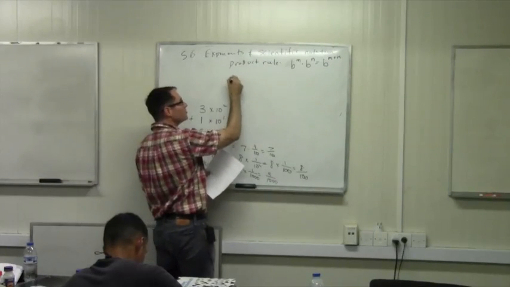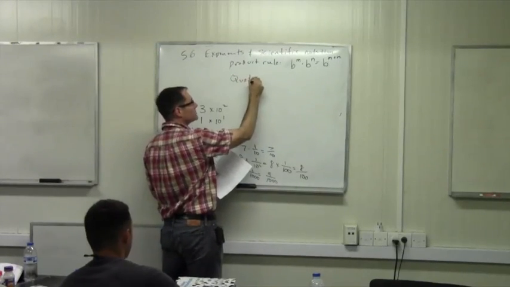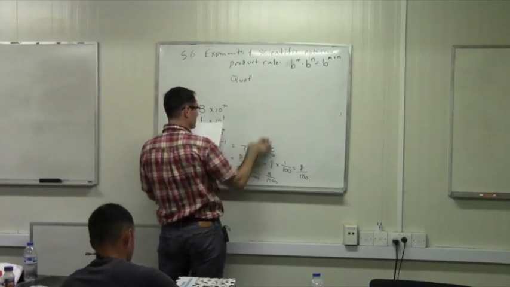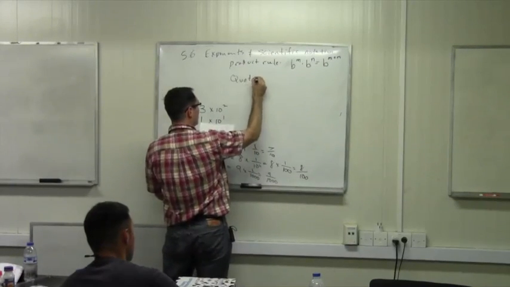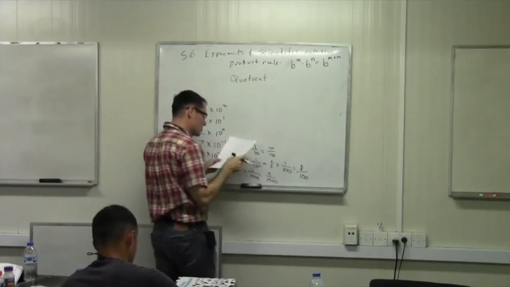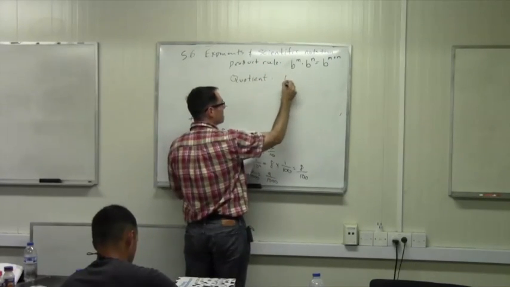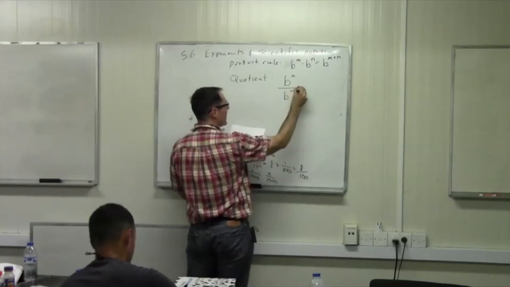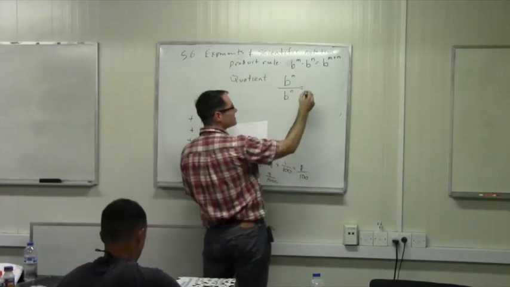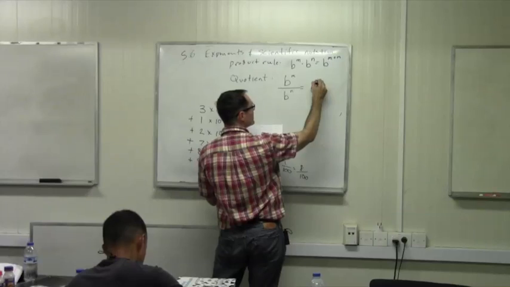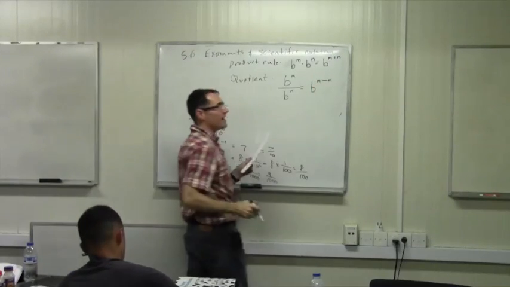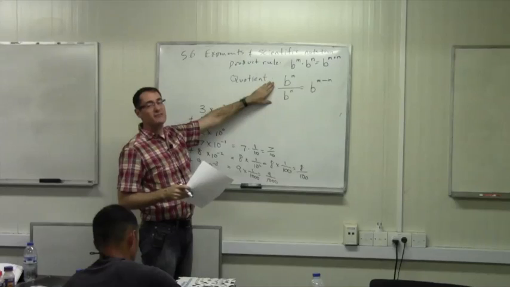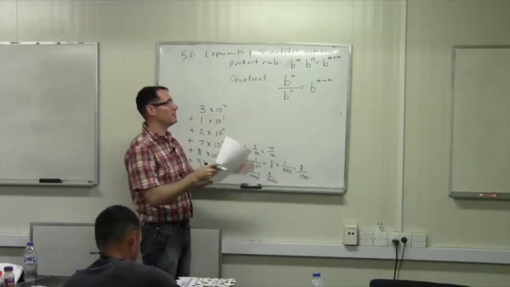We do have a quotient rule, which means a division rule. The quotient rule says this. b to the m divided by b to the n is the same as saying b to the m minus n. Let's see if this makes sense in a different form.